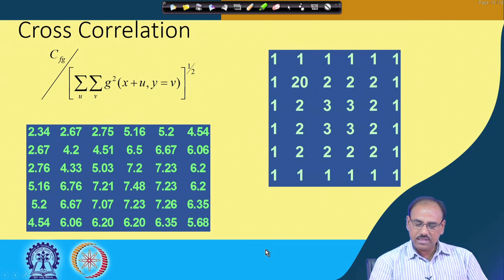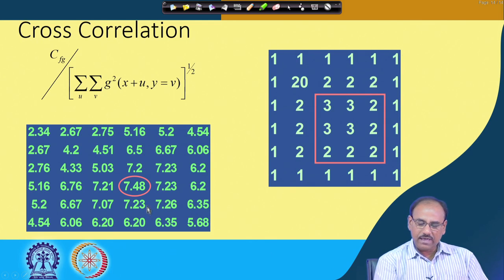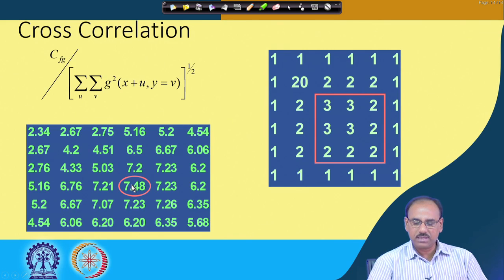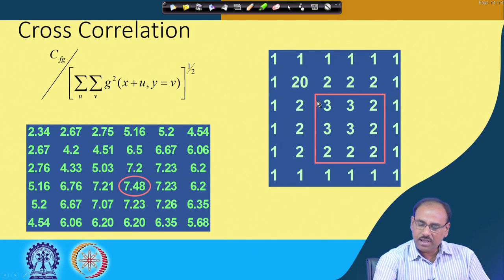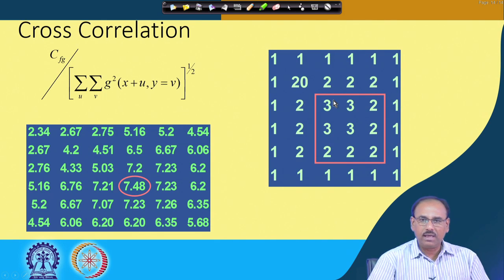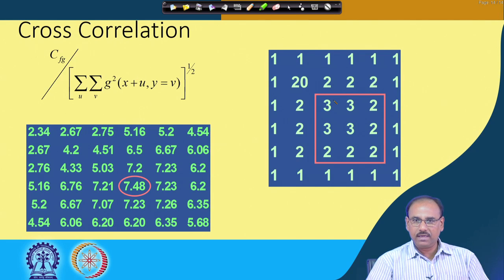In the normalized cross correlation matrix, you find that this is the location where the value is maximum. Corresponding to this, this is the location in the bigger image where my template is present, and this is the perfect one.